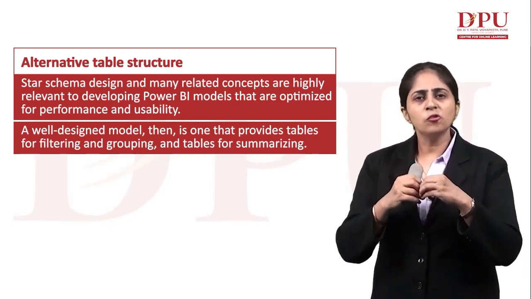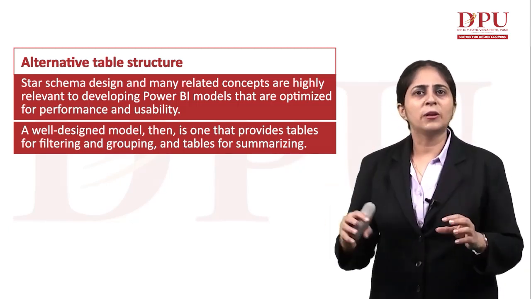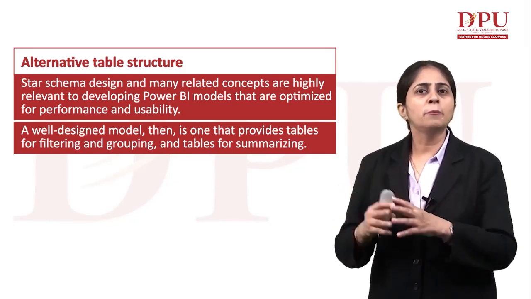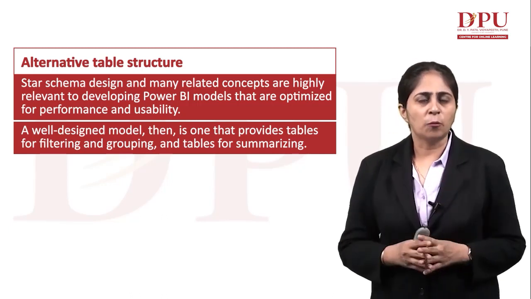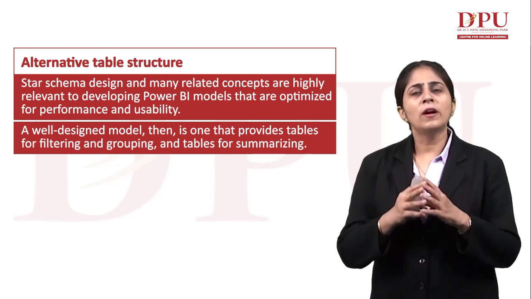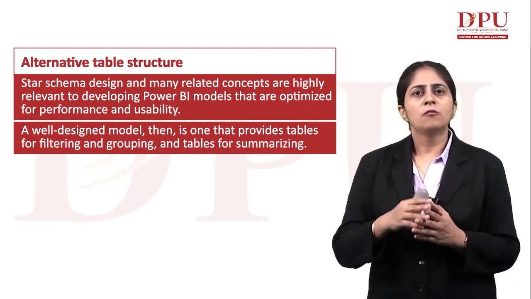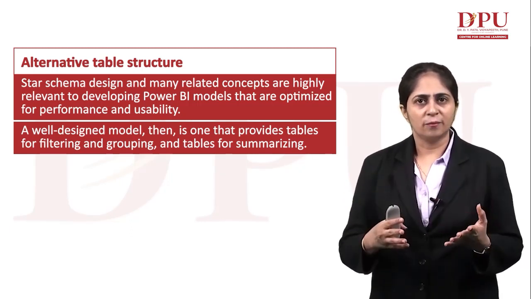It will require us to summarize the data, because we just want to see that particular summarized data. So for that we would require some tables. A well-designed model for our business intelligence system should provide the tables for grouping, for filtering, and for summarizing our data.